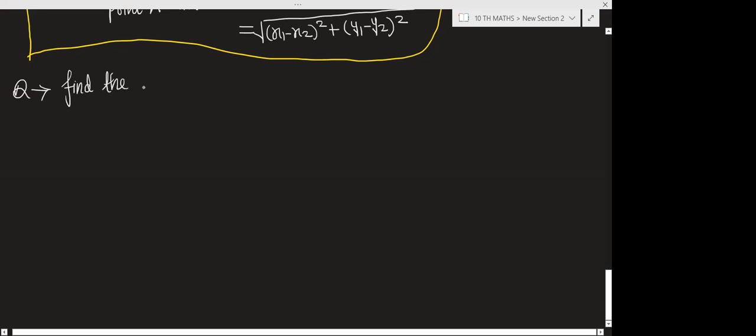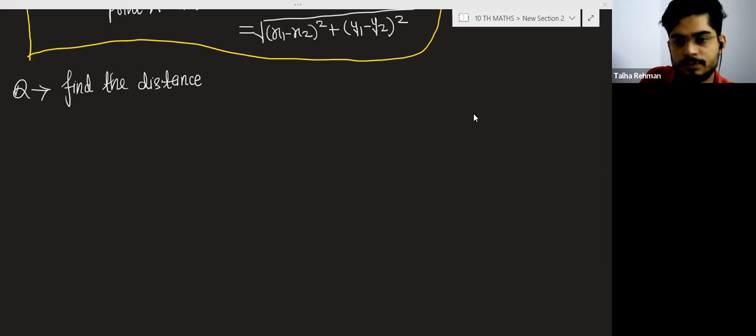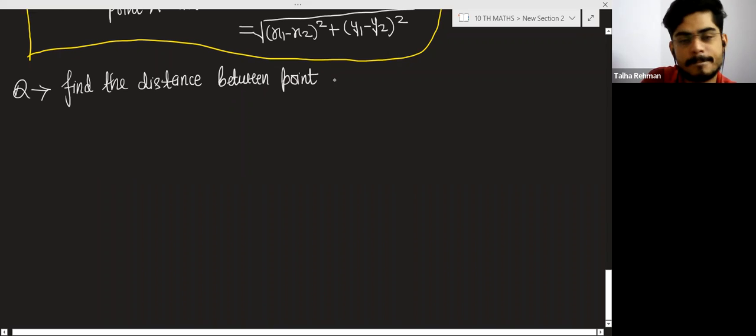Find the distance between point P (1, 2) and Q (4, 3).